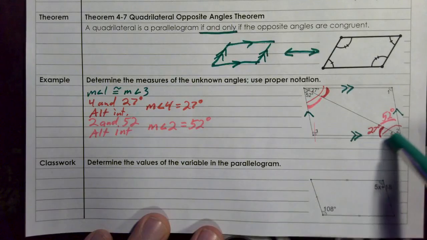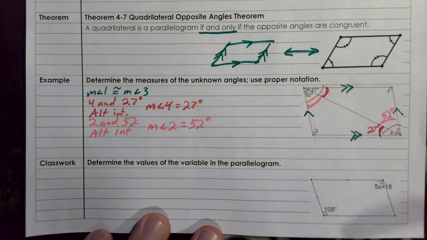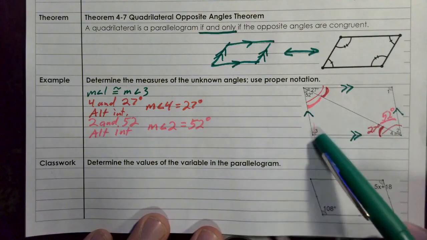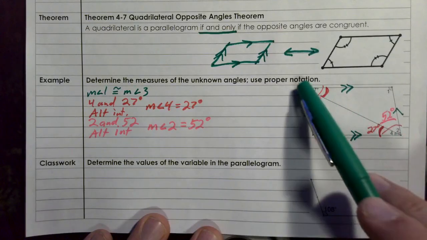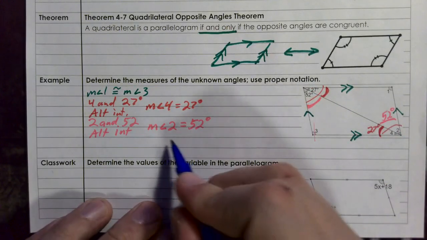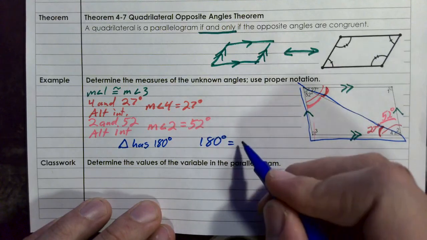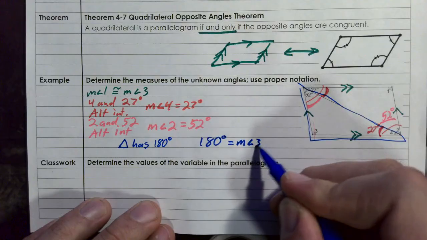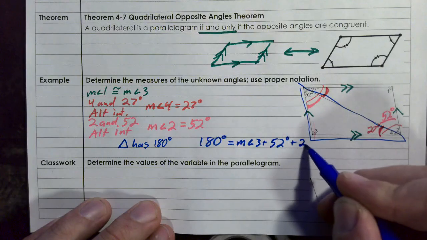Okay, based on that, I put in the two measures that I just got. Hey, look, this is a big old triangle. And I know that these two have got to be the same. So once I find one of them, I really have found both. I'm going to do 3, because why not? I know inside of this big triangle there's 180 degrees. So that 180 degrees should equal the measure of angle 3 plus 52 degrees plus 27 degrees.